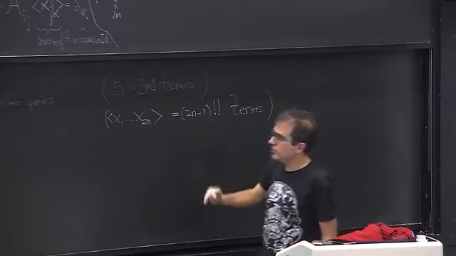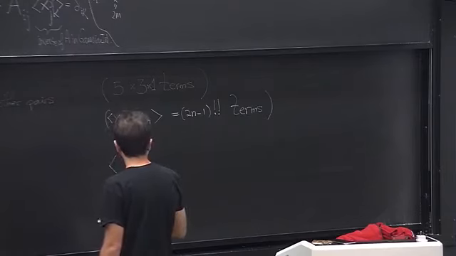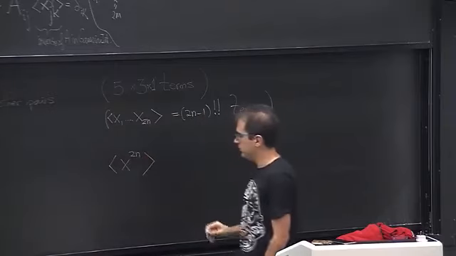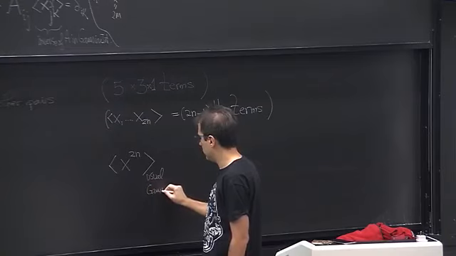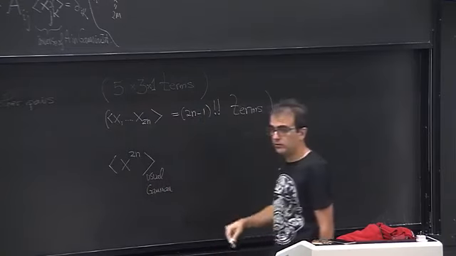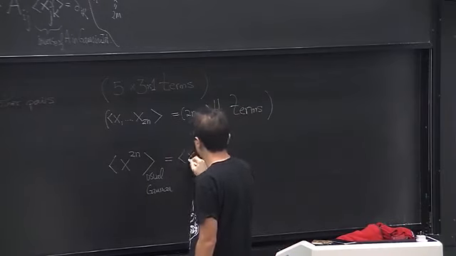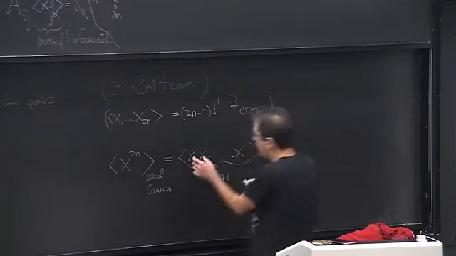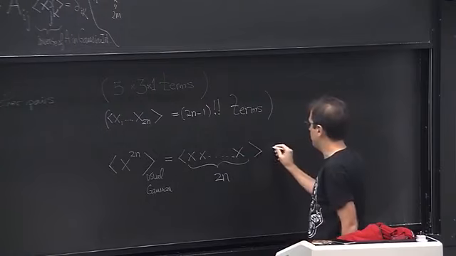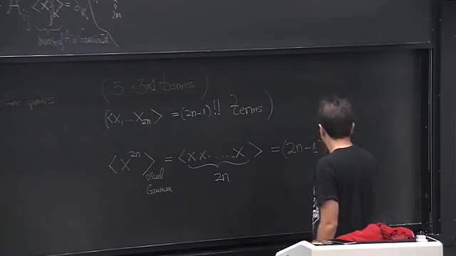So because of this, for example, let me actually continue here. If I have the expectation value of x to the 2n in a usual Gaussian integral, I can say that this is the expectation value of x, 2n times, and then I form all possible pairs, and there are this number of pairs, so this is just this times 2n minus 1 double factorial.